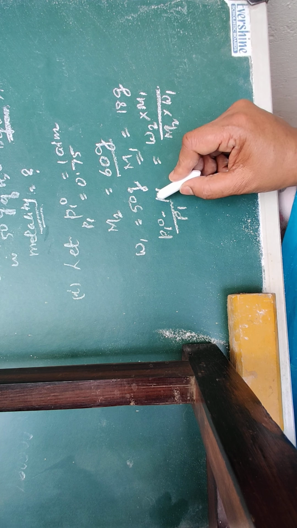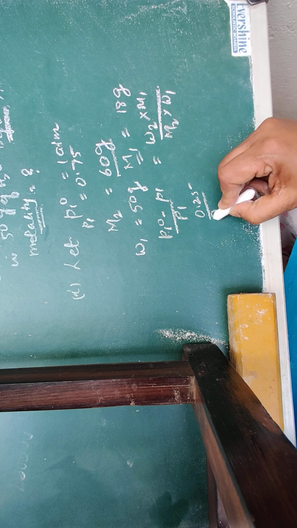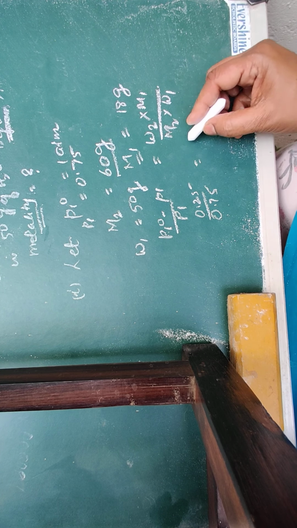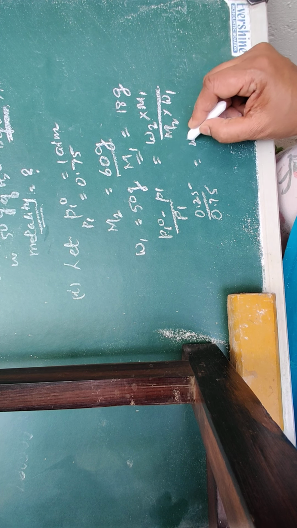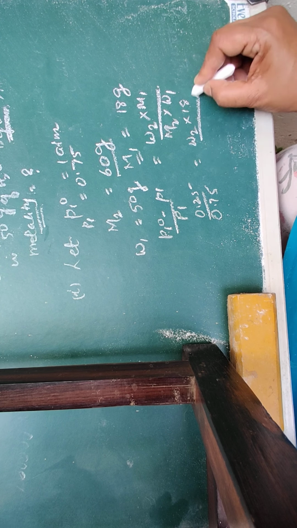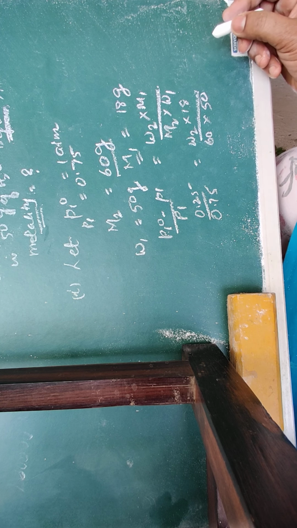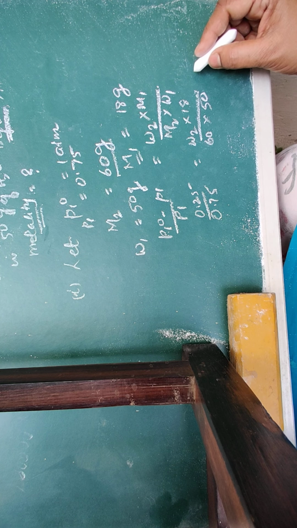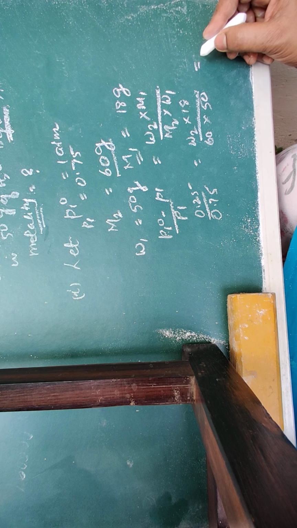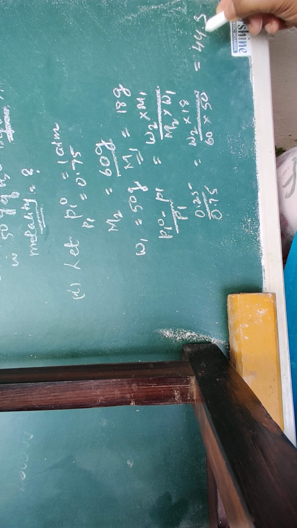If you subtract 1 minus 0.75, you will get 0.25 upon 0.75 equal to W2, which you have to find out, into 18 gram upon 60 into 50. Calculate it. I think it comes to 44.3 gram.